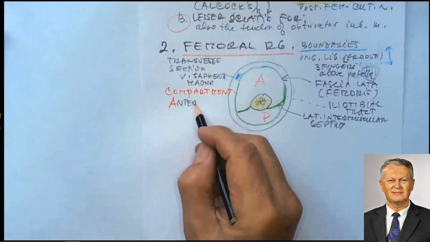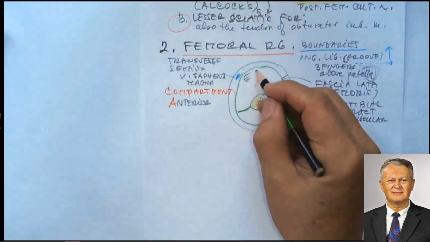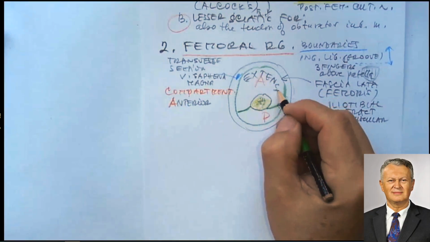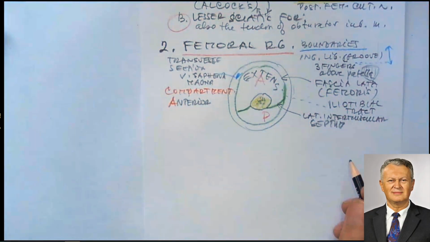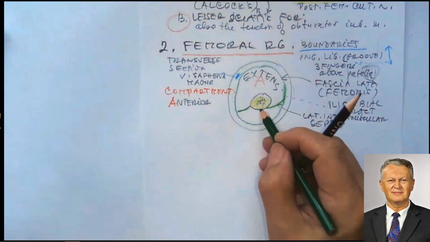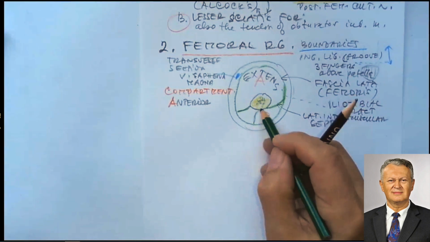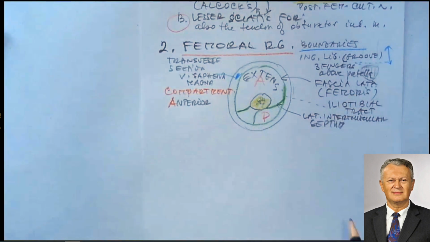Anterior, in fact, contains the quadriceps femoris, simply extensors at the knee joint, and these are flexors. There is some lamina, like another septum, separating two groups of the muscles.